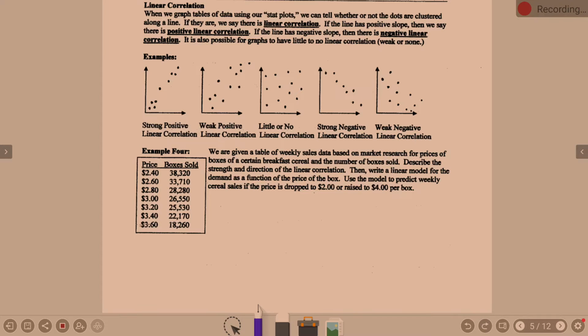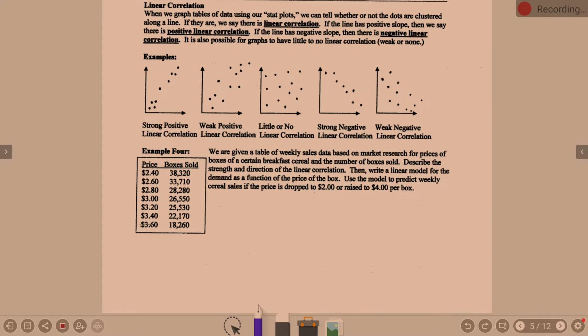When we graph tables of data using StatPlot, do you remember how we used StatPlot to graph earlier this year? We're going to do it again today. We can tell whether or not the dots are clustered along a line. If they are clustered along a line, we say there is a linear correlation.